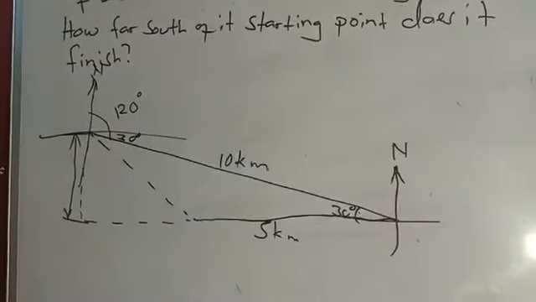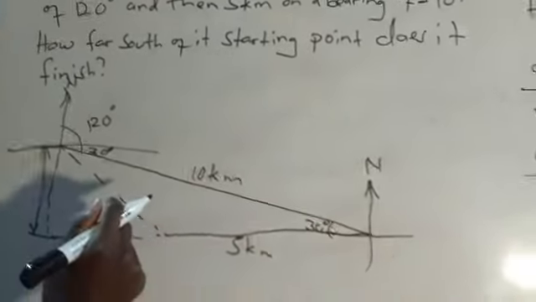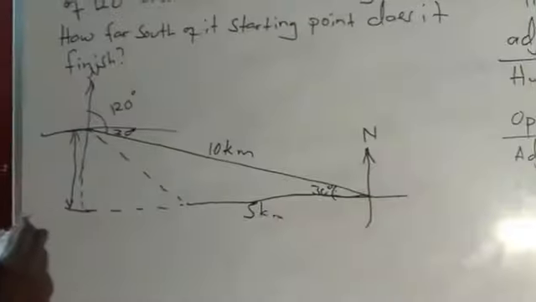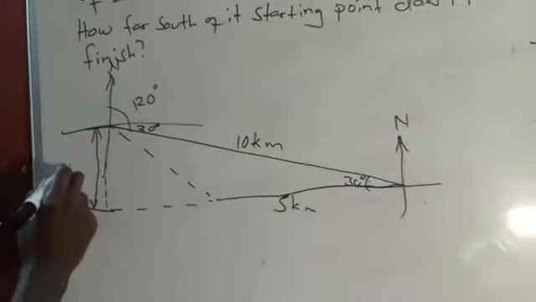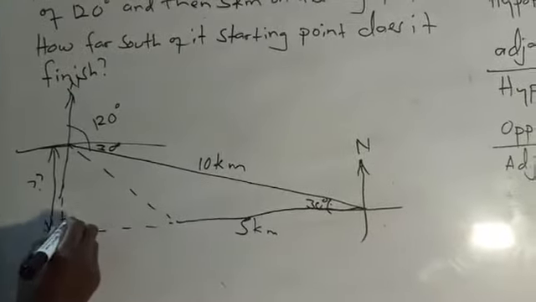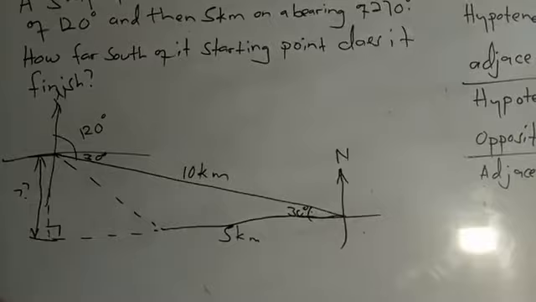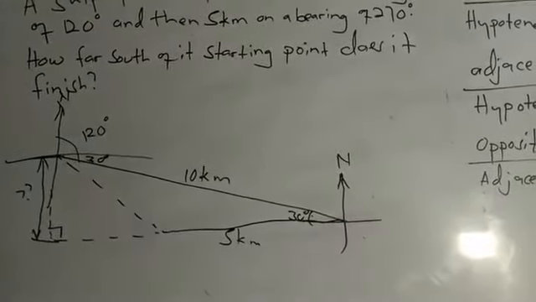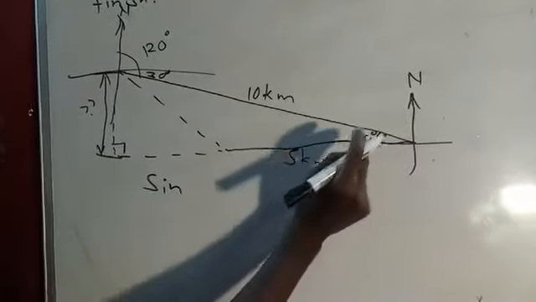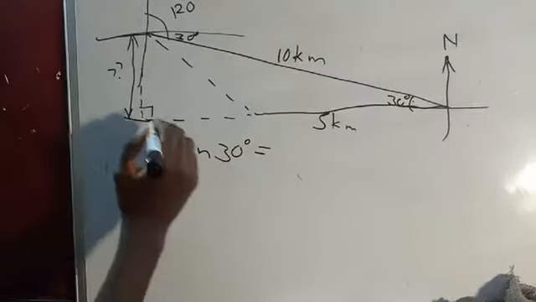So by looking here, we have got the hypotenuse, and they want the opposite, because this is a 90 degrees here. So we shall use what we call a sine ratio, becoming sine theta, which is 30, equal.